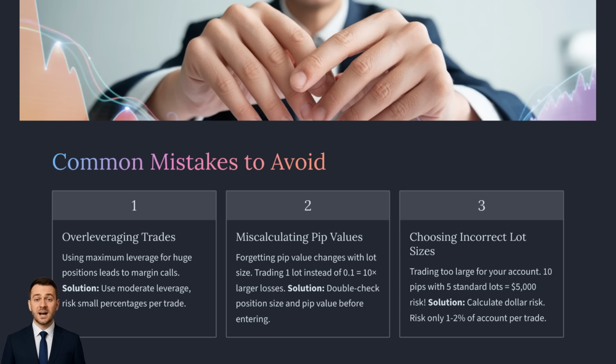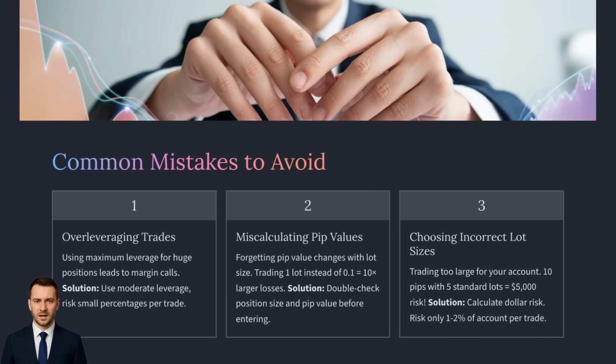Choosing incorrect lot sizes. Trading too large a lot for your account is related to over-leveraging, but it can happen even without maxing out your leverage. For instance, a trader might think, 10 pips isn't much, I can risk 10 pips. But if they trade 5 standard lots, that 10 pip move is $5,000. Avoidance: calculate the dollar risk.